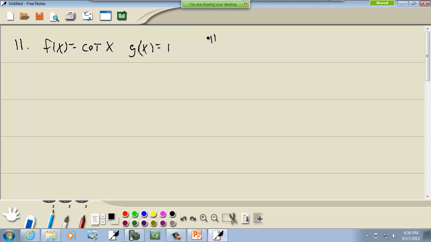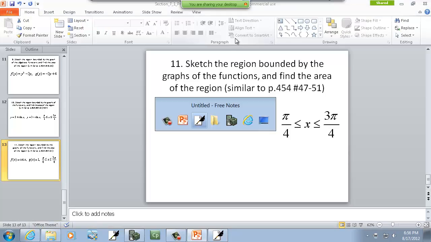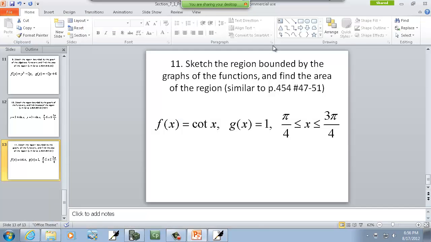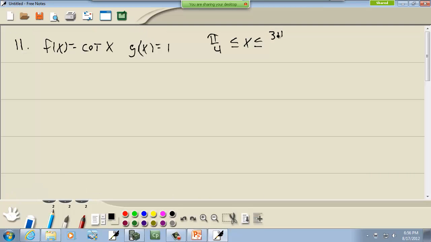And they're asking between pi over 4 and 3 pi over 4. Okay, so let's first find our points of intersection, and then we'll look at the graph. So we're going to set cotangent x is equal to 1.